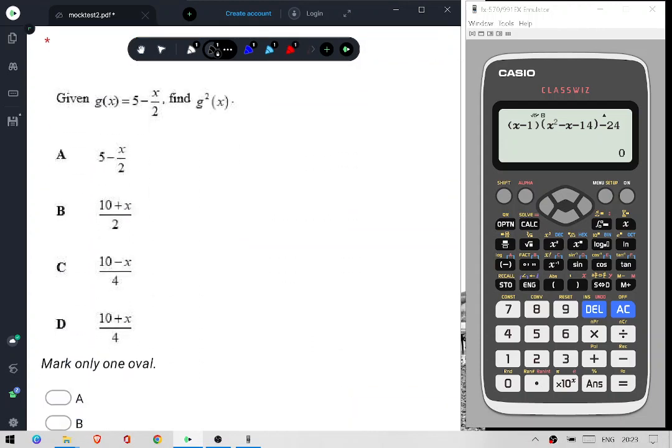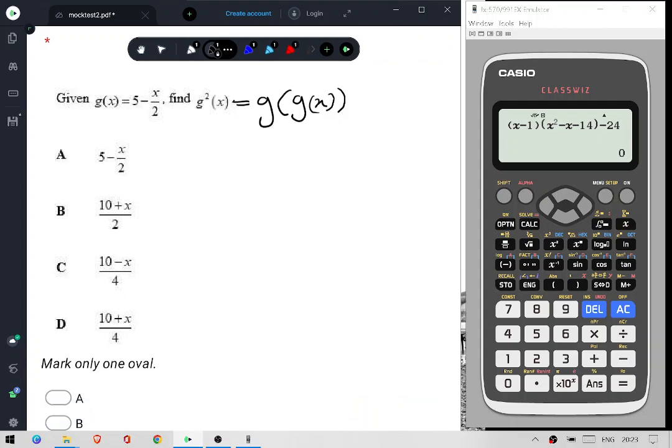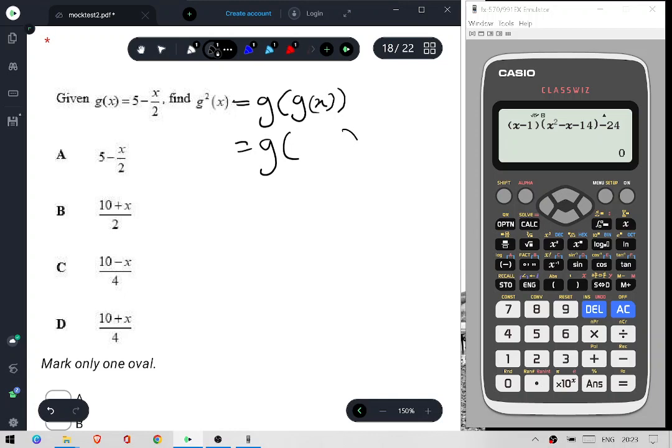Okay, given g(x) equals 5 minus x over 2, find g squared. G squared is not g times g, it is not squaring it like that. If you square it like that, good luck. It means g has another g inside. This one. Okay, so we do the inside first.